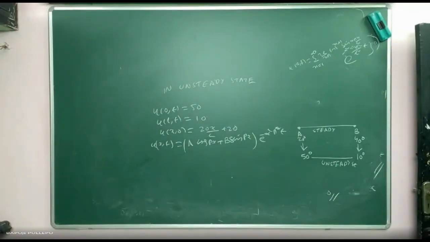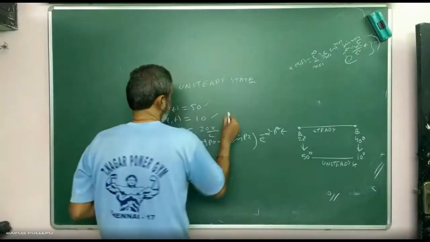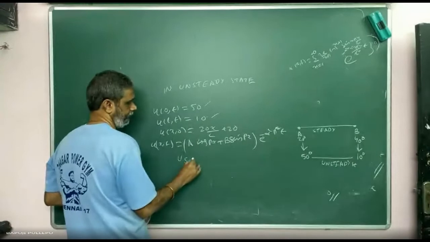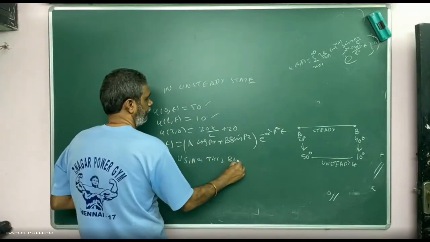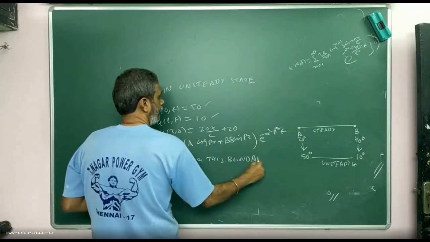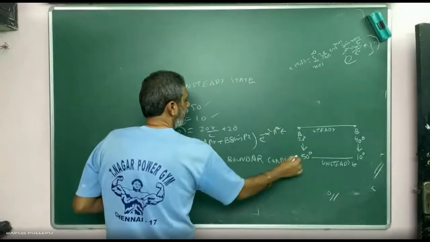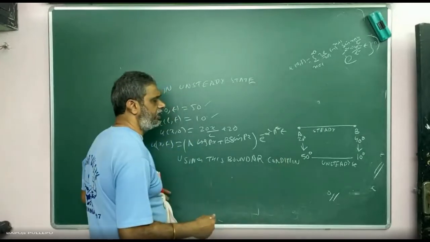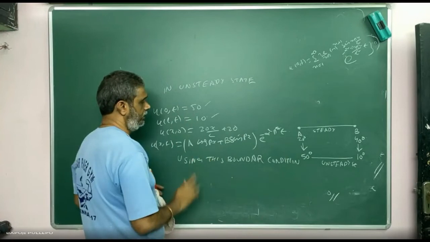Now in this case, how will I do it? The whole problem I will divide into steady state and transient. Transient means unsteady. So you cannot get the solution using these boundary conditions. Open the textbook and you can read it.